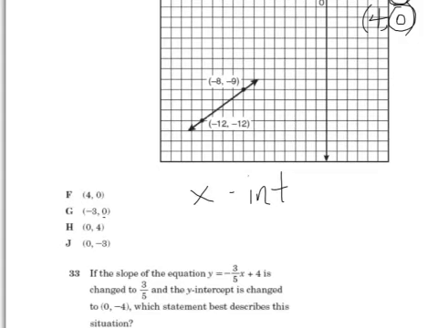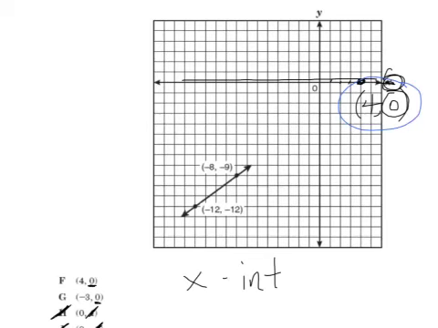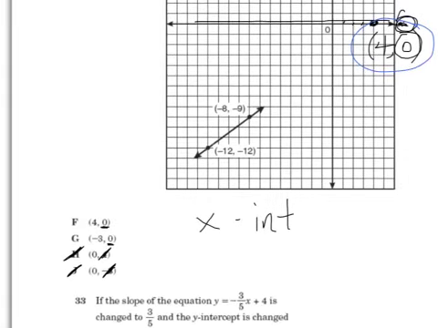This second number needs to be 0. So in H and J, you can mark those off because your y value has to be 0. So let's go back up to our graph, and where did we say that it crossed? At 4, 0. Make sure that's an answer choice, and it is, and in this problem, our correct answer is F.